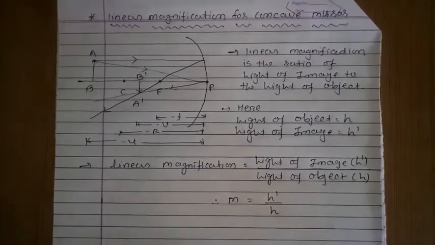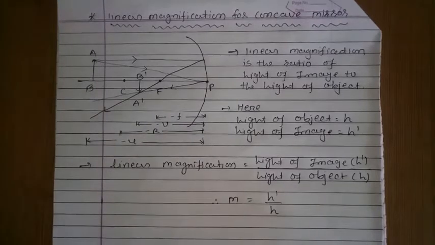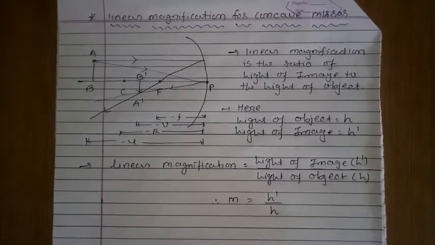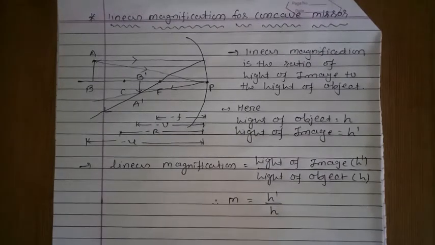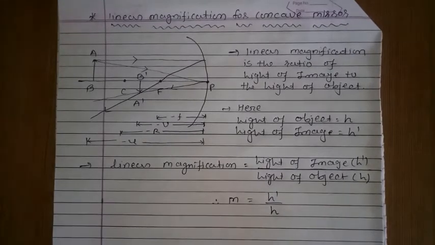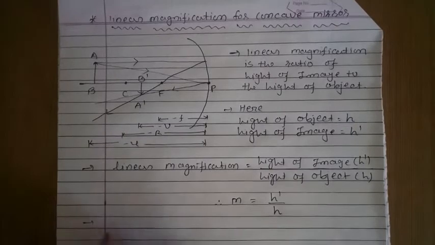Here we can see in this figure that AB is the object and A dash B dash is the image of the object. So we placed the object AB on the principal axis in front of the concave mirror, as shown in the figure.